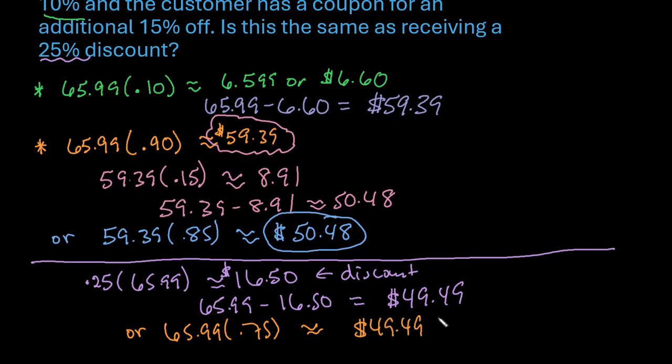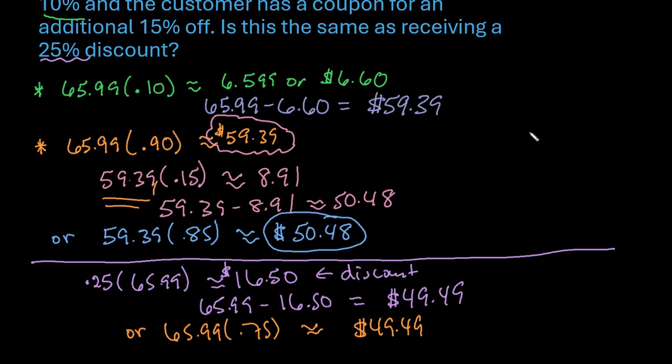So we can see that a 25% discount is slightly more of a discount than what we would get if we had 10% followed by a 15% discount. And that's because mathematically we're taking the 15% off of a smaller number, so we're not taking it off of the original amount of $65.99.